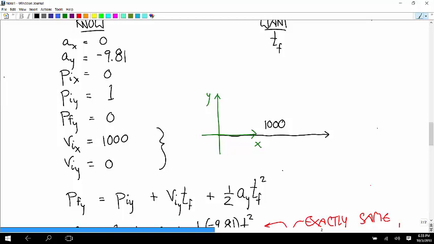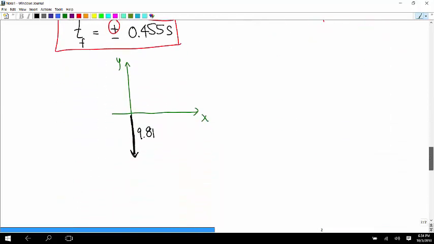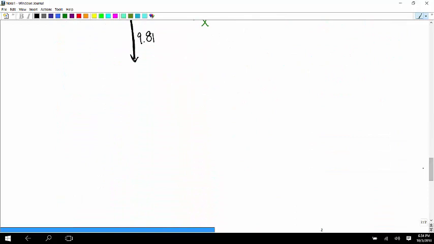Any other questions about this? Okay, let's do one more related question. So now, what if shooting this bullet perfectly horizontally is hard?